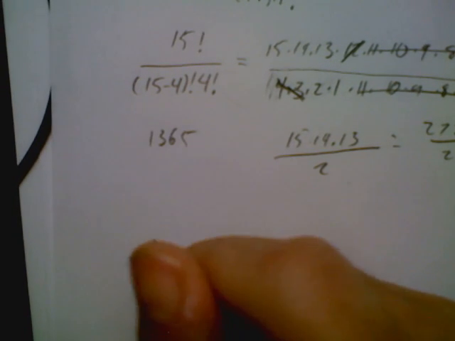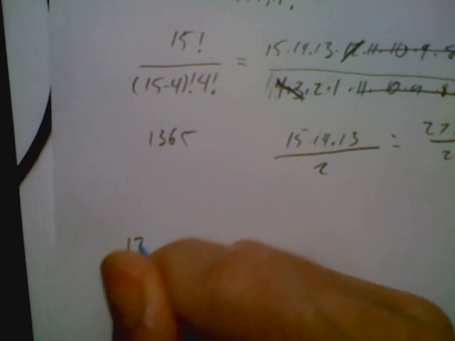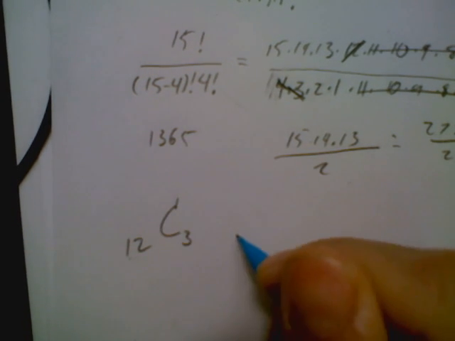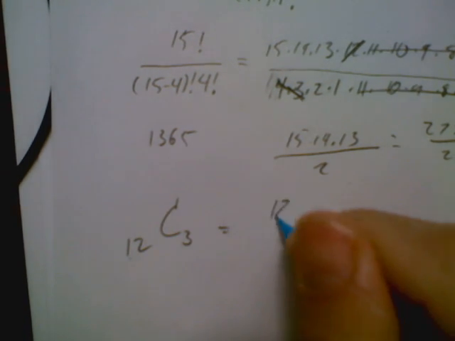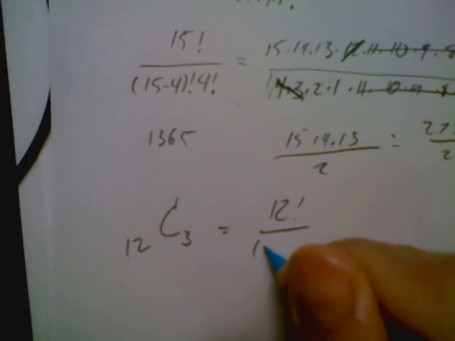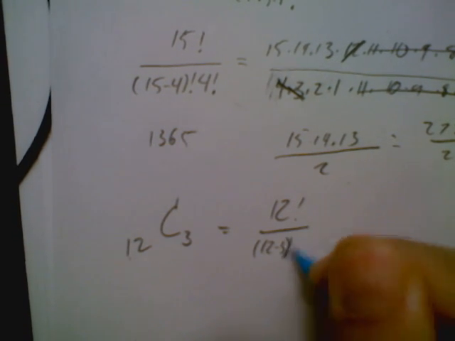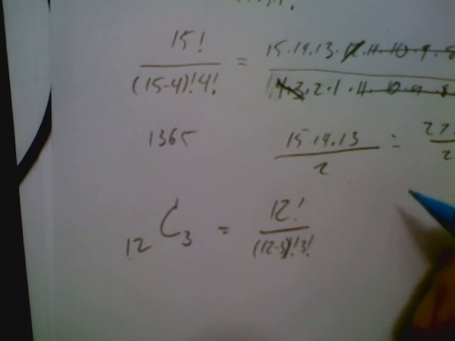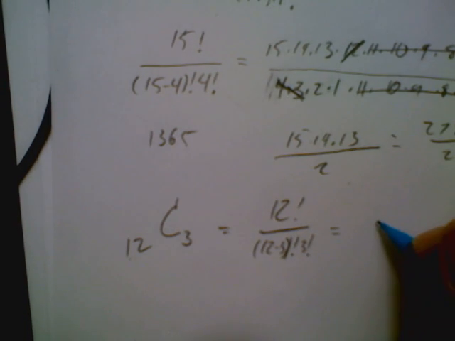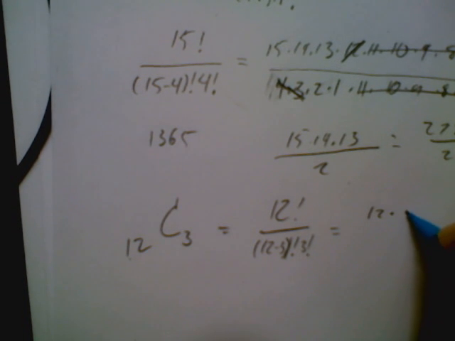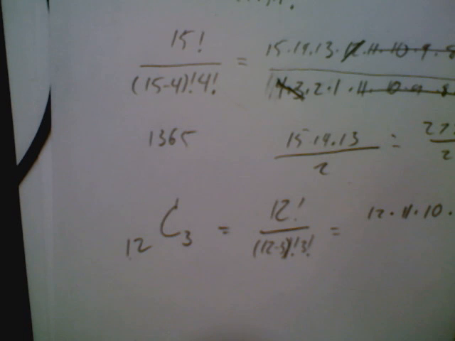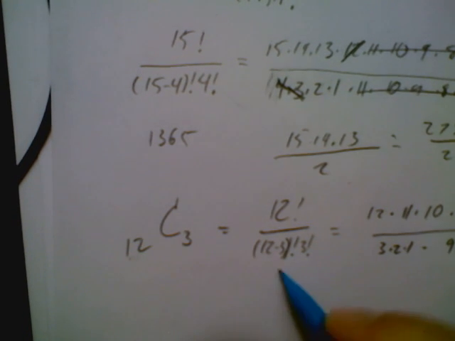So we can have, let's say, 12C3. It's 12 factorial over 12 minus 3 factorial times 3 factorial. So this comes out to 12 times 11 times 10 times 9 factorial, everything over 3 times 2 times 1 times 9 factorial, because 12 minus 3 is 9 factorial.